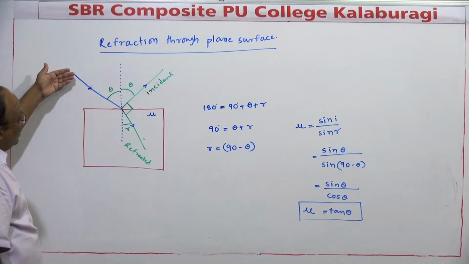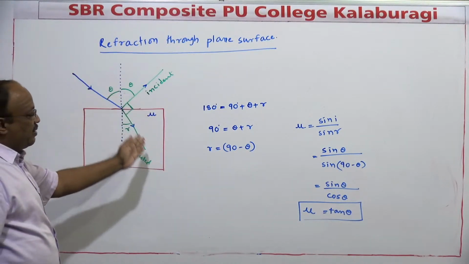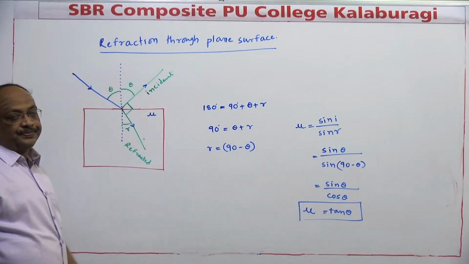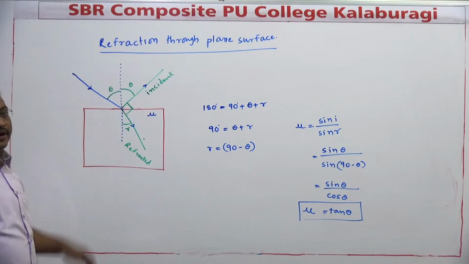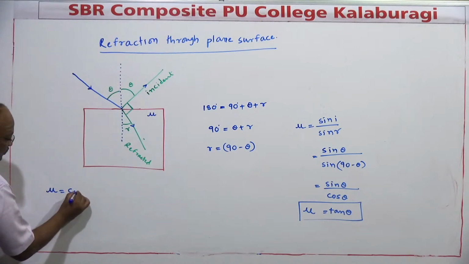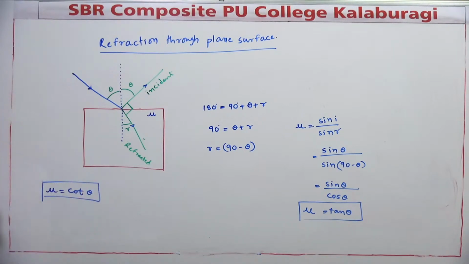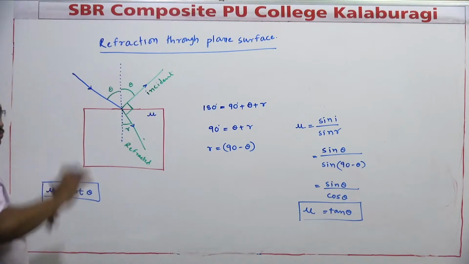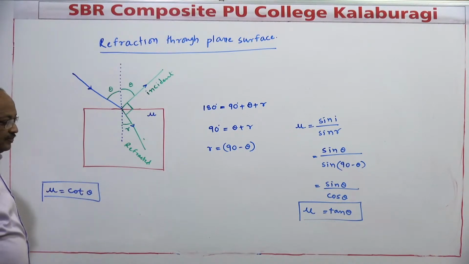If it is moving from rarer to denser, from air to a medium of refractive index mu, mu is equal to tan theta. If it is moving from denser to rarer, from medium to vacuum, then mu is equal to cot theta.